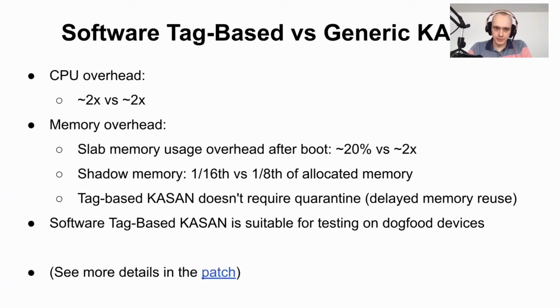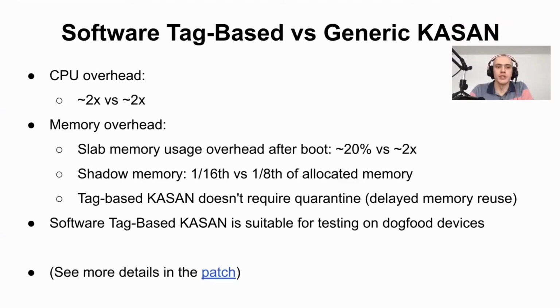Let's compare the overheads that we have for software tag-based KASAN and the old original generic mode of KASAN. The CPU overhead turned out to be almost the same, around 2x, but the memory overhead is completely different. First of all, when it comes to KASAN, memory overhead actually consists of a few parts.